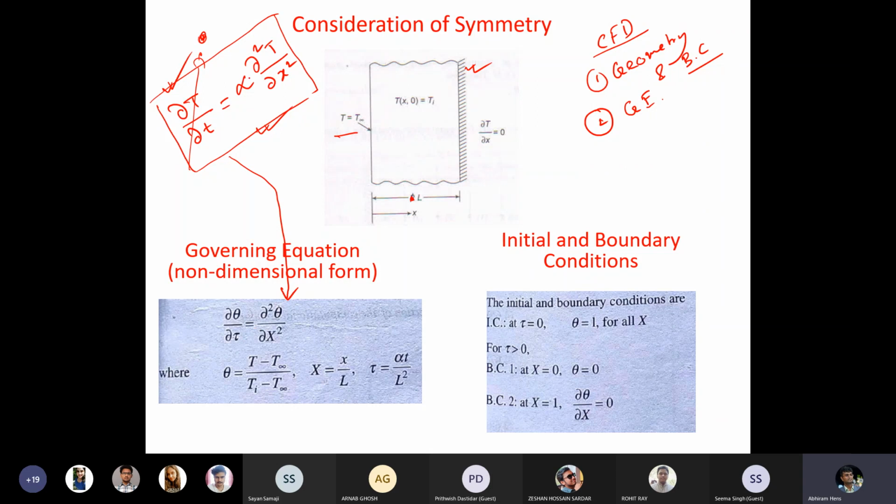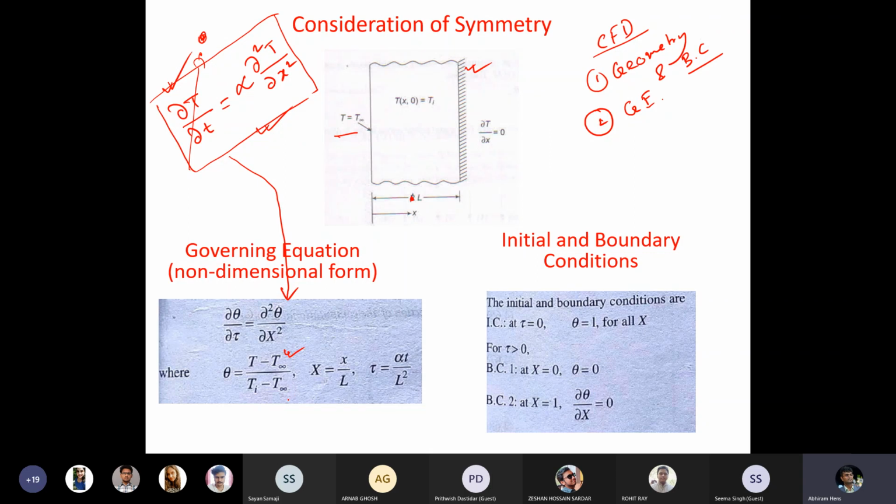Instead of directly writing temperature, we are writing theta, and this is del theta del tau equal to delta 2 theta delta x square, where theta is defined in this way. The numerator is T minus T infinity, where T is the temperature at any time step and T infinity is the surrounding temperature, and at the bottom Ti minus T infinity, where Ti is the initial temperature.